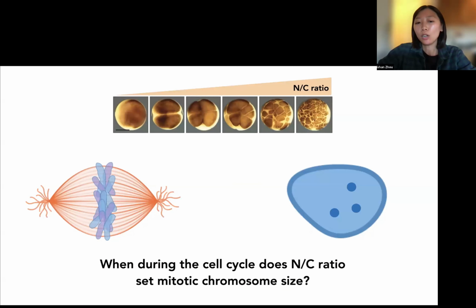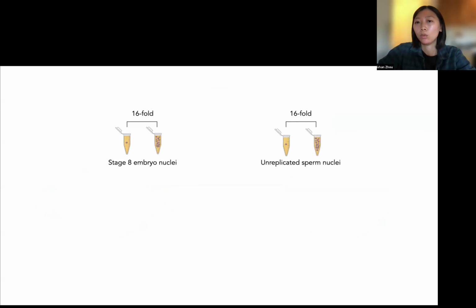Okay, so then I wanted to know, when during the cell cycle is this NC ratio cue actually being set? Is it during interphase or is it during mitosis? To answer this question, I repeated these NC ratio experiments with two nuclear sources that essentially get rid of interphase. The first is stage 8 embryo nuclei, which have already completed their interphase in the embryo.